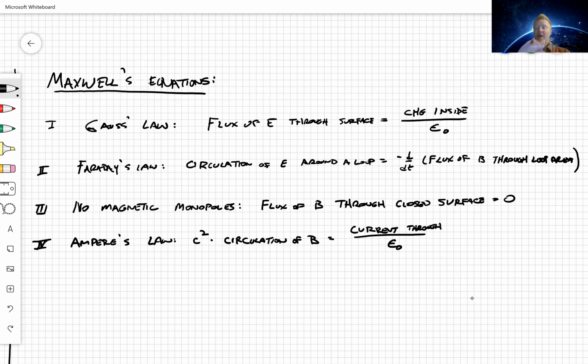A surface that has no edges to it, and a loop has edges to it if you consider the area. So that's the difference there. Flux of B through a closed surface is 0.